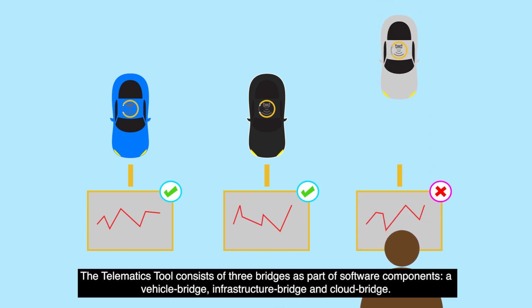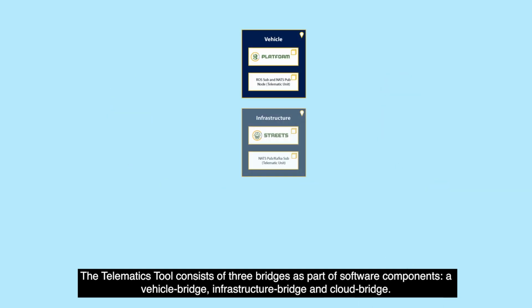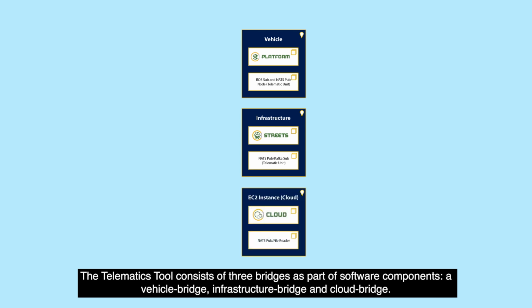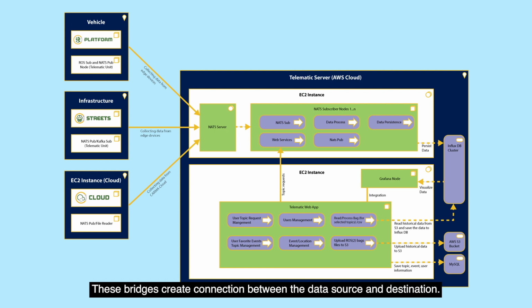The Telematics Tool consists of 3 bridges as part of software components: a vehicle bridge, infrastructure bridge, and cloud bridge. These bridges create connection between the data source and destination.